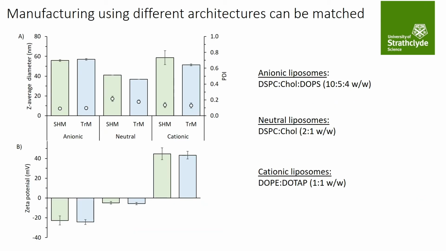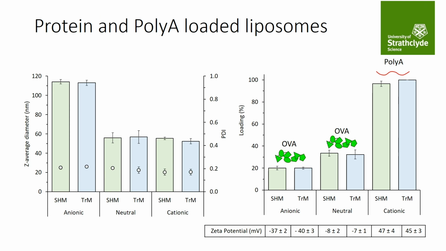Using our three unloaded formulations, we found that there were no differences at all between the sizes being produced across either cartridge, and there was no effect on the charge either. We then moved across and looked at the effect of incorporating protein, with our anionic and neutral by entrapment, and using PolyA as an RNA surrogate, which was adsorbed onto the DOTAP.